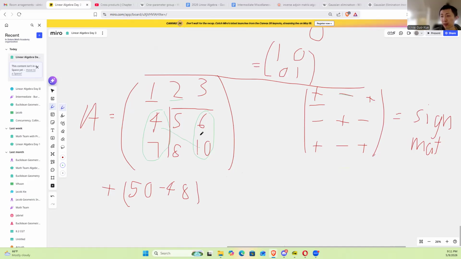So this is 4 times 10 minus 6 times 7, and then we multiply it by the negative sign. Then we take the 3, look at its cofactor matrix, 4, 8, 5, 7, formed by deleting the first row and third column. This is 32 minus 35, and we multiply it by positive 1.